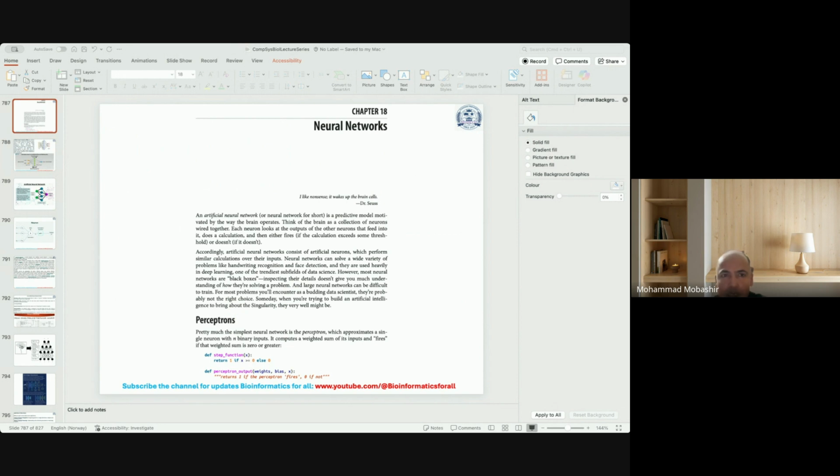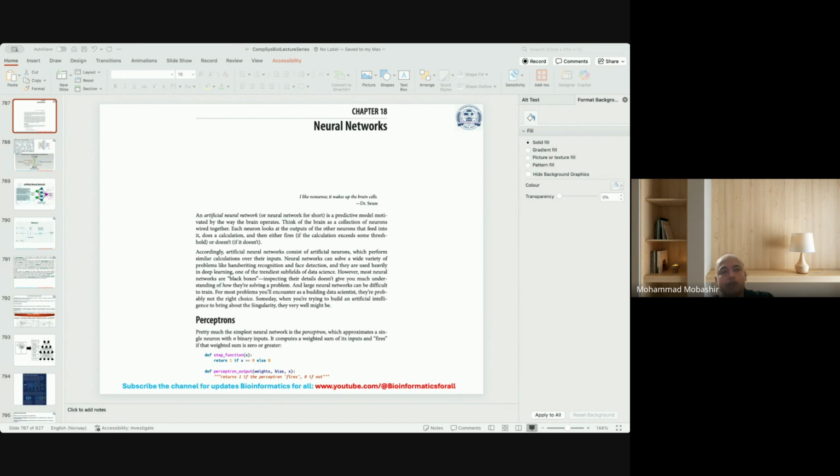So, here, artificial neural networks are machine learning models inspired by the human brain, used in data science to identify complex patterns in data for tasks like image processing and recognition, speech processing and recognition, and forecasting, by using layers of interconnected nodes, that is neurons, and algorithms like backpropagation to learn from the data and improve over time.